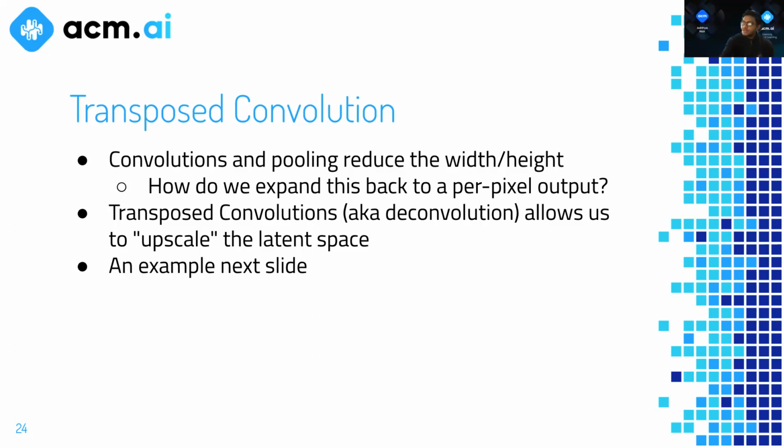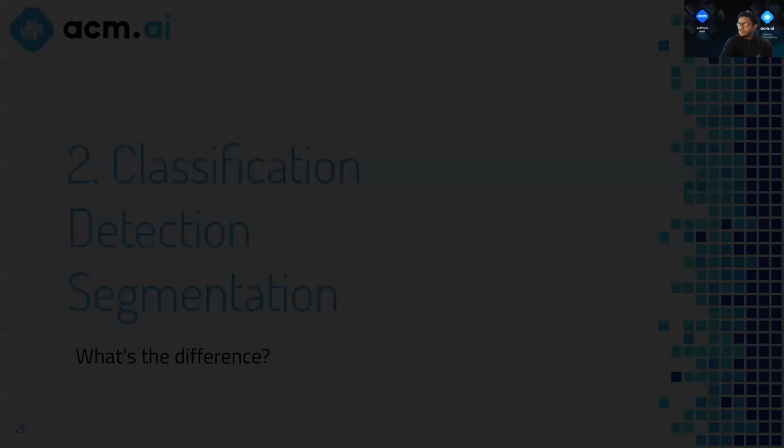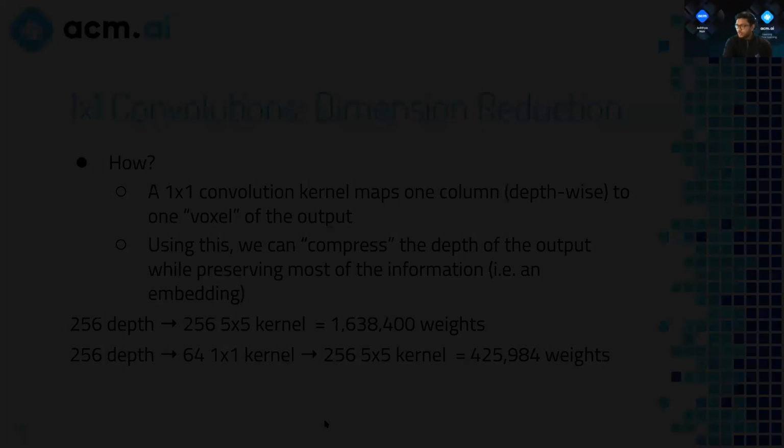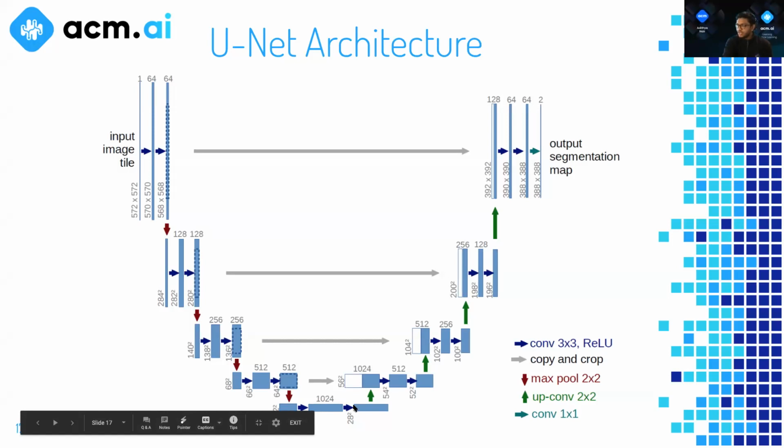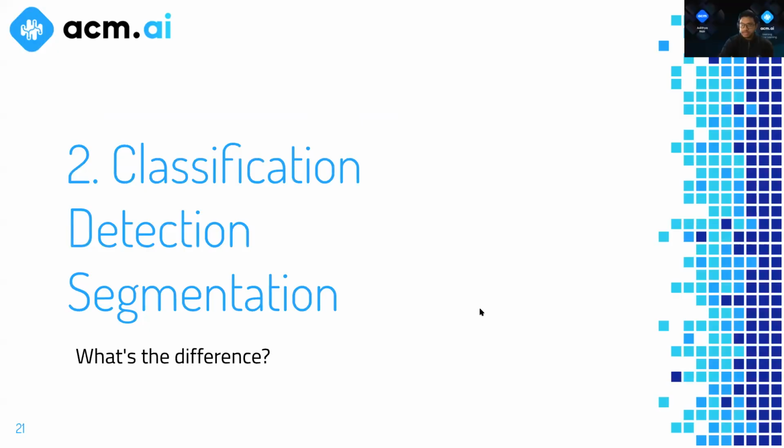If you see the bottom of this U here, we have these chunky 28 by 28 spatial dimensions, but really thick in terms of depth. Transpose convolution applies when we're going up this U to eventually get output images which are closer in dimensions to our input image. We're going to see how this works in a second.